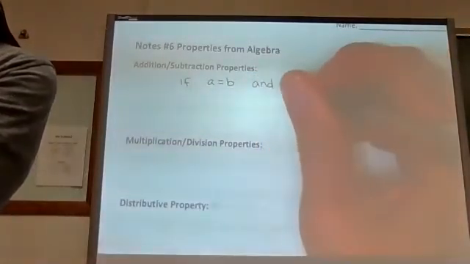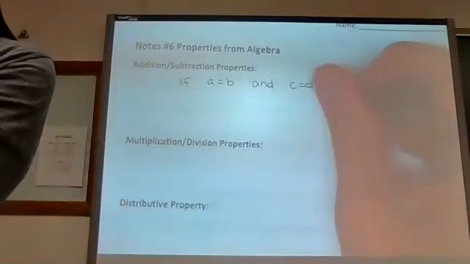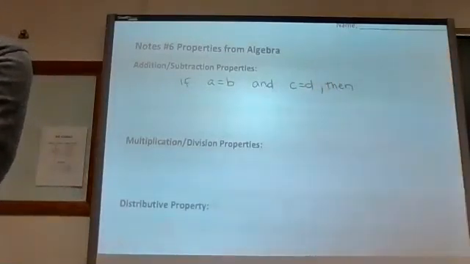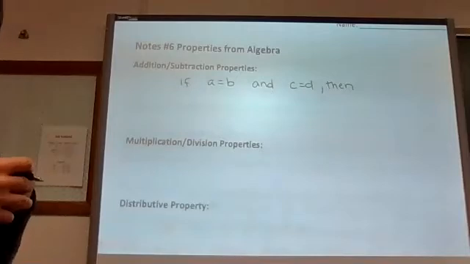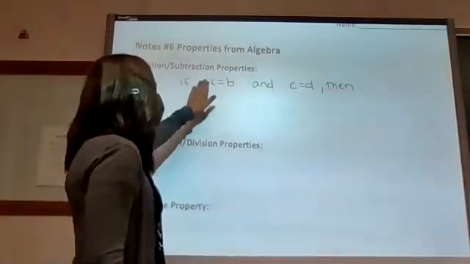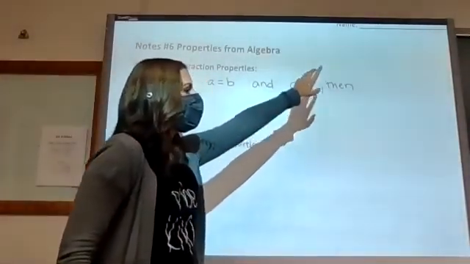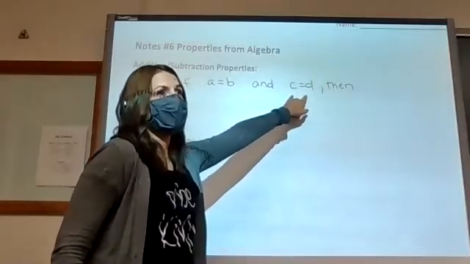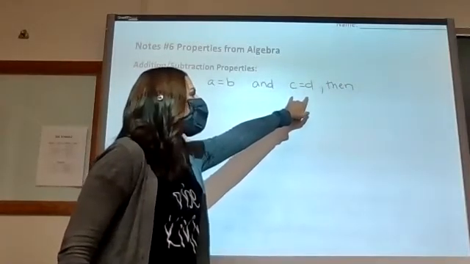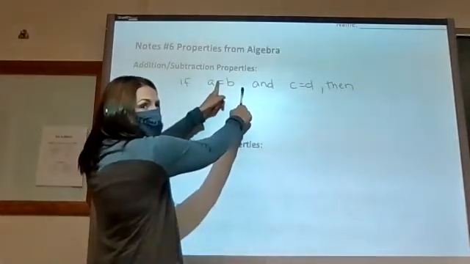and C equals D, then, see that if-then statement? Just like last class. If this is true, all right, so this is the same value. It's saying 5 equals 5. If this is the same value, then I could add it to both sides here and it would still be equal.